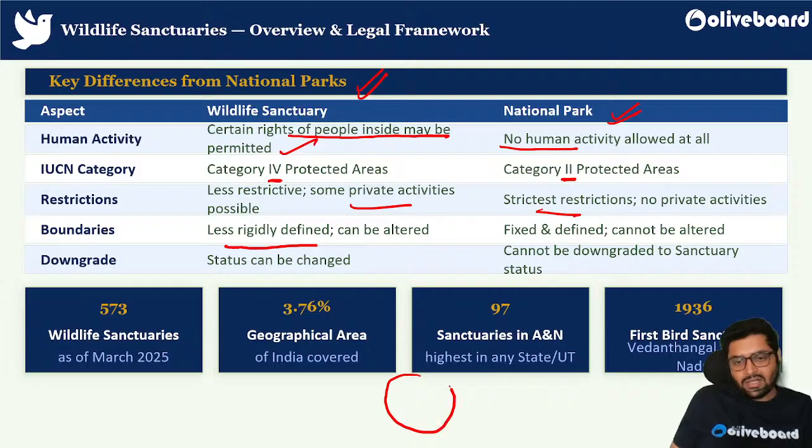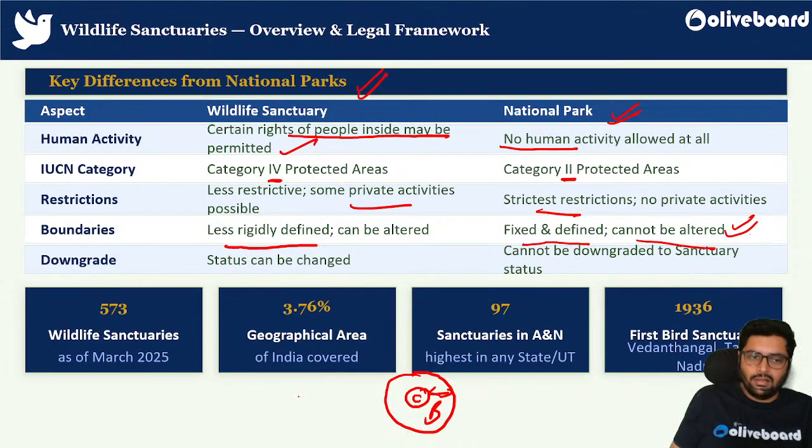So every national park will have a core zone and a buffer zone. This is how a national park is. It is fixed and defined, and it cannot be altered. For a wildlife sanctuary, the status can be changed, but that is not the same for a national park.